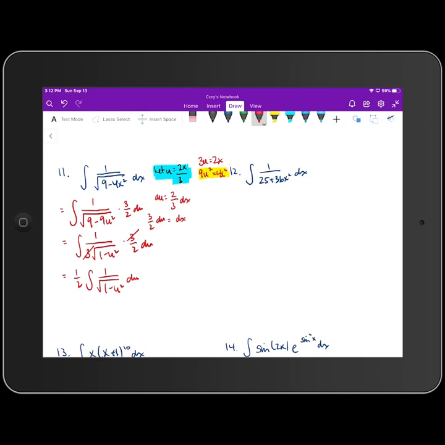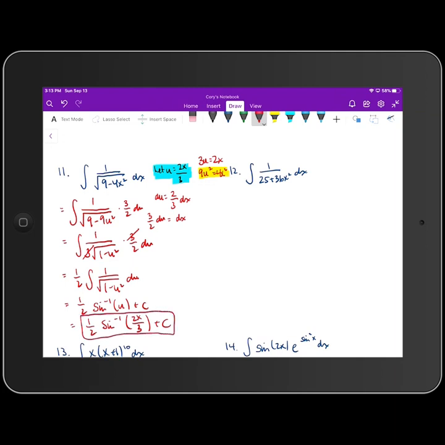And that right there is in the right format that we want, because that integral is going to wind up becoming the inverse sine of u plus the constant c. And then the last thing we have to do is go back and replace u with 2x over 3. So that's going to be 1/2 the inverse sine of 2x over 3 plus the constant c.